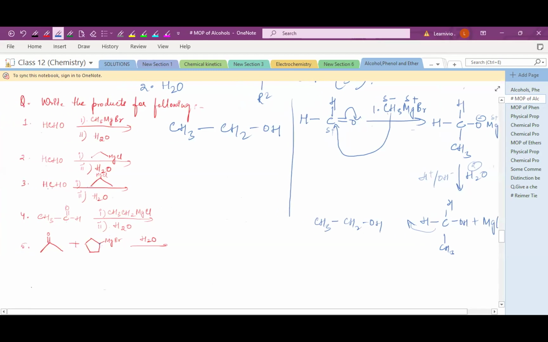Okay, if you understand the mechanism, it is very simple to write down the reaction. Suppose in this case also, the second case maybe you will get the primary alcohol, the third case maybe you will get the primary alcohol. So this is your homework basically: second, third, fourth, fifth. Just write down your homework.